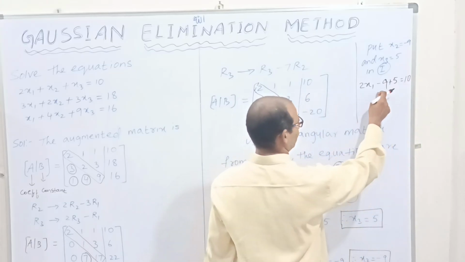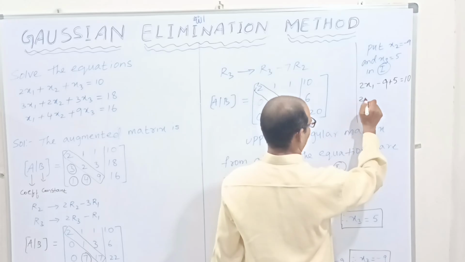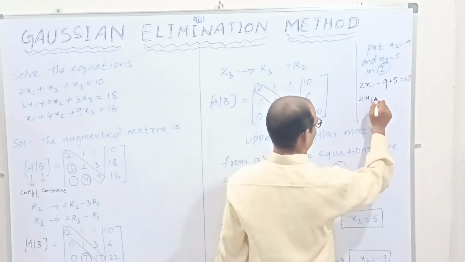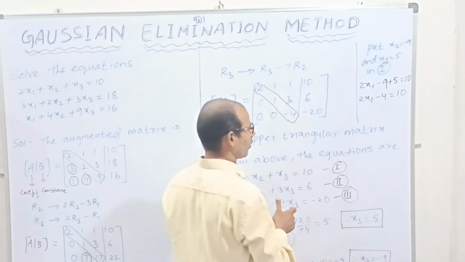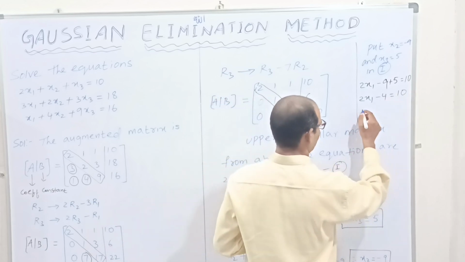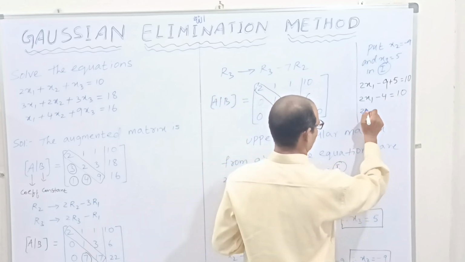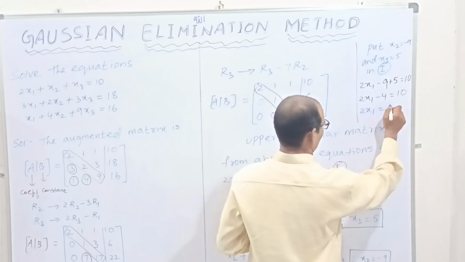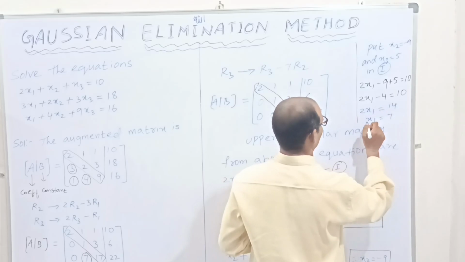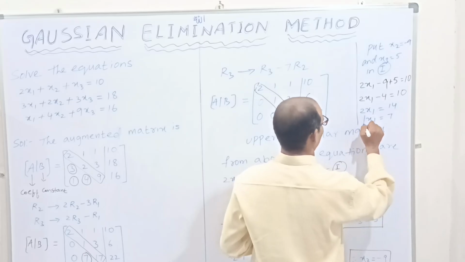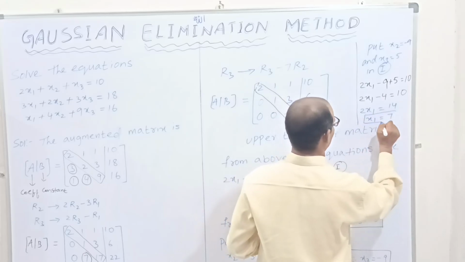Minus 9 plus 5 is minus 4, so 2x1 minus 4 is equal to 10. Moving minus 4 to the other side, it becomes 10 plus 4, so 2x1 is equal to 14. Then x1 is equal to 7.